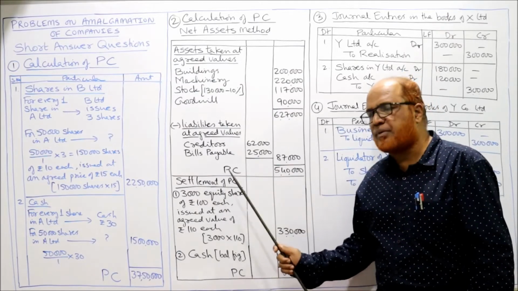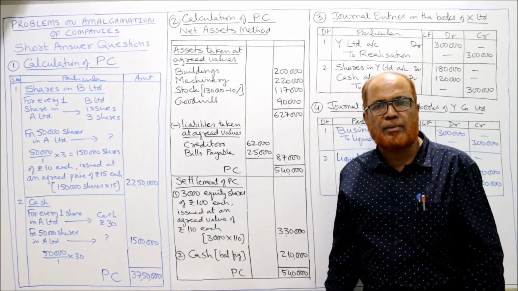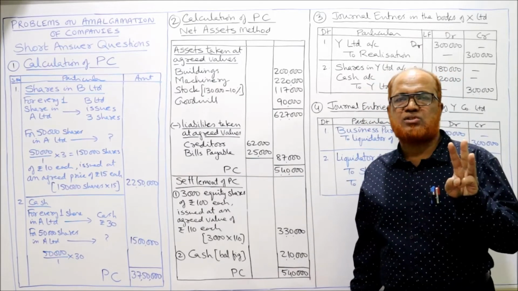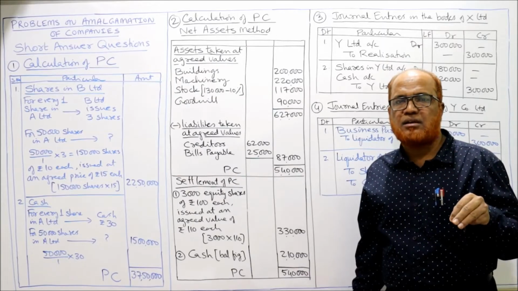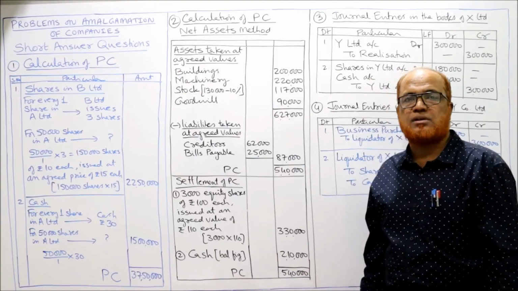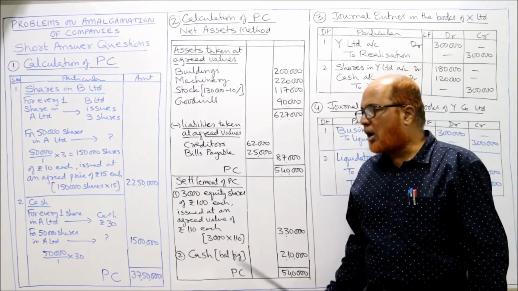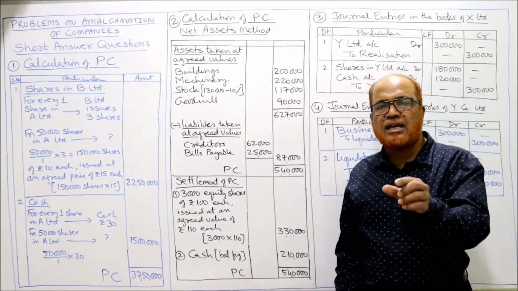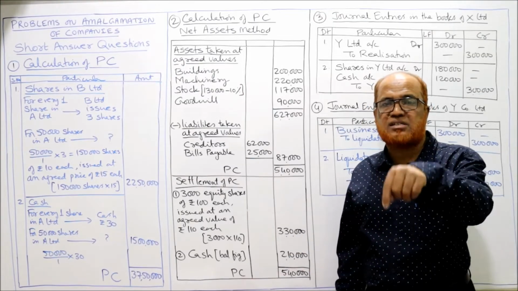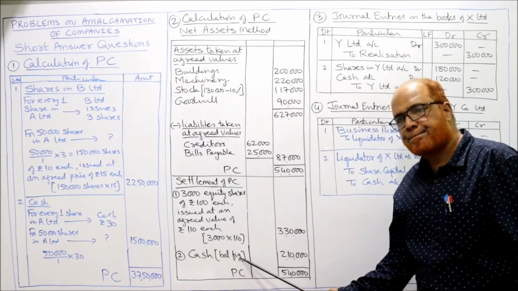Now settlement of PC. How will this 5,40,000 be settled? It is given in the problem. 3,000 equity shares will be issued by Y Limited. The face value of each share is 100 rupees, but it is issued at 110 rupees. So 110 into 3,000, 3,30,000. So out of 5,40,000, 3,30,000 worth of shares are issued, and the balance in cash, the balancing figure.